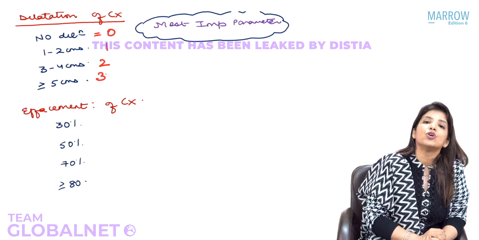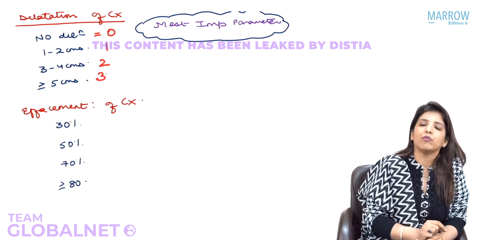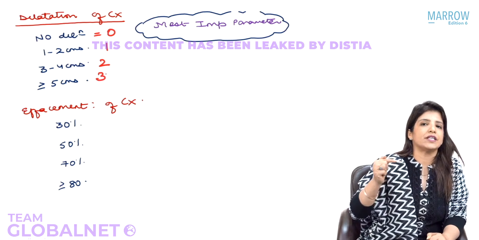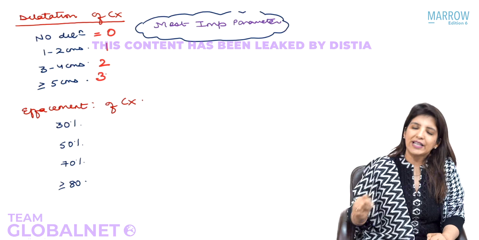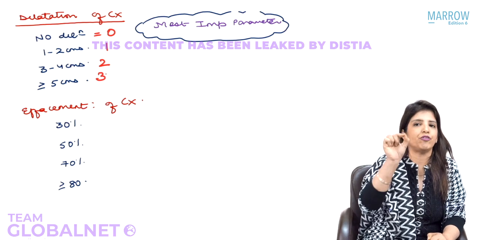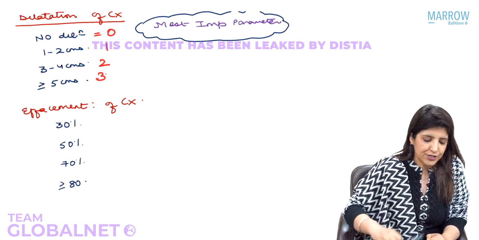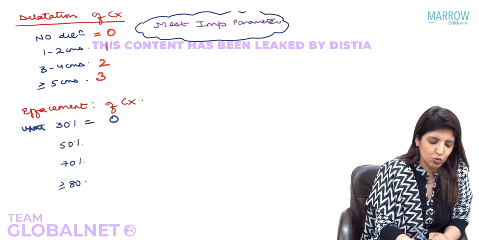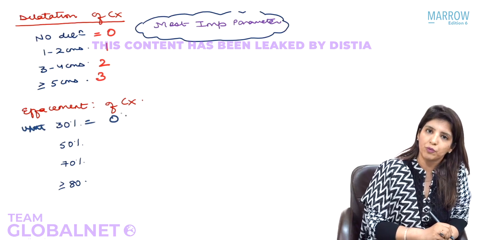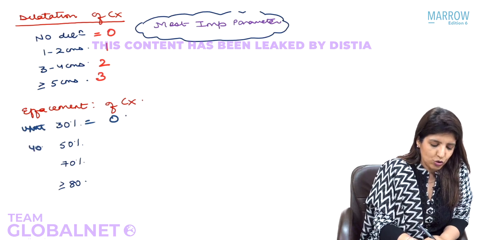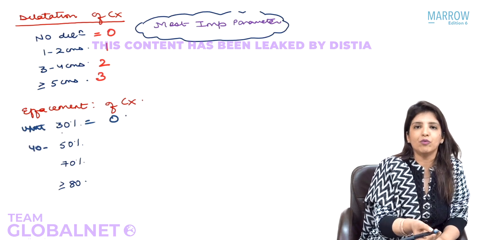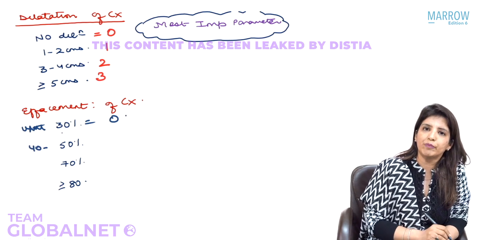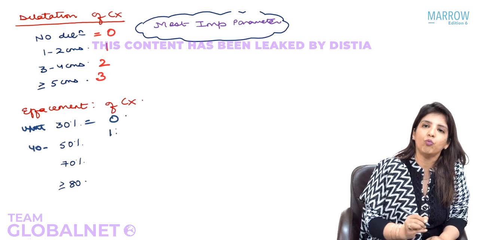right? So for effacement, I want all of you to remember it like this: 30, 50, 70, 80. If the cervix is up to 30% effaced, you will give a score of 0. If it is 40 to 50% effaced, you will give a score of 1.